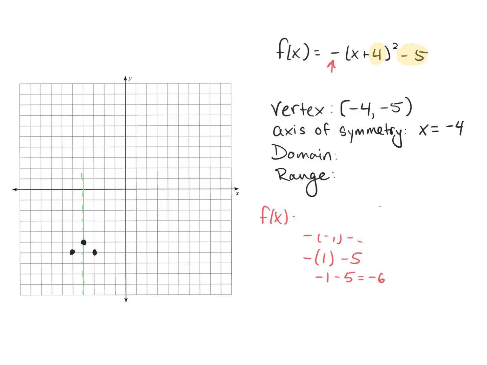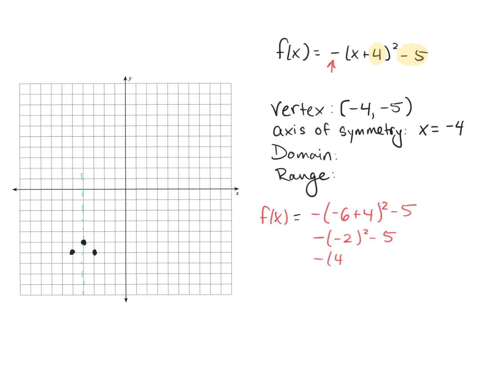Let's do one more. Let's plug in, well, we just did -5, so let's do -6. So, -6 plus 4 squared minus 5. So, -6 plus 4 is -2.